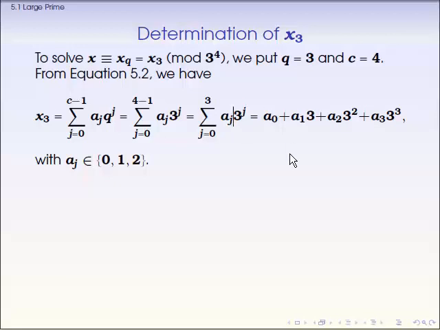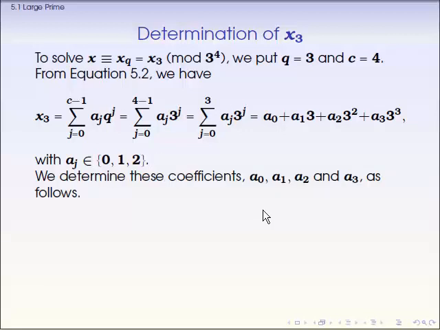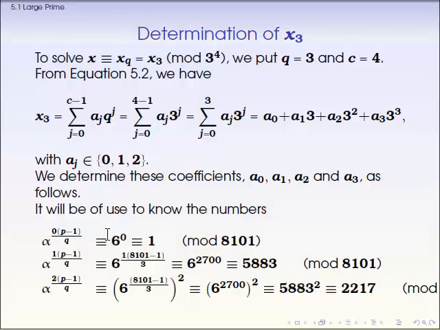Once again, j must be 0, 1, or 2 because the prime factor is 3. So it's easy to find these numbers first, right? If a is 0, it's congruent to 1. If a is 1, it's congruent to that, and if it's 2, congruent to that. So we found all 3 different cases. Please keep this in your mind.